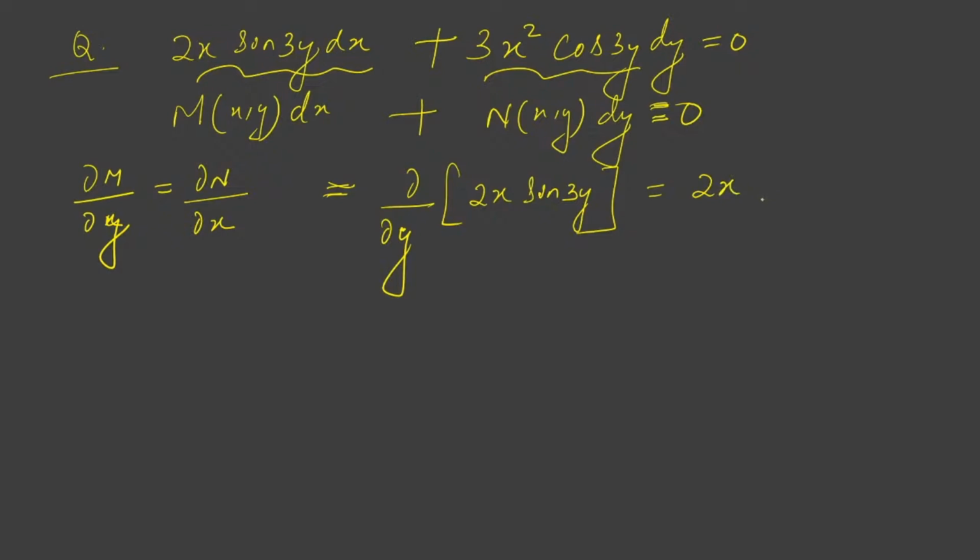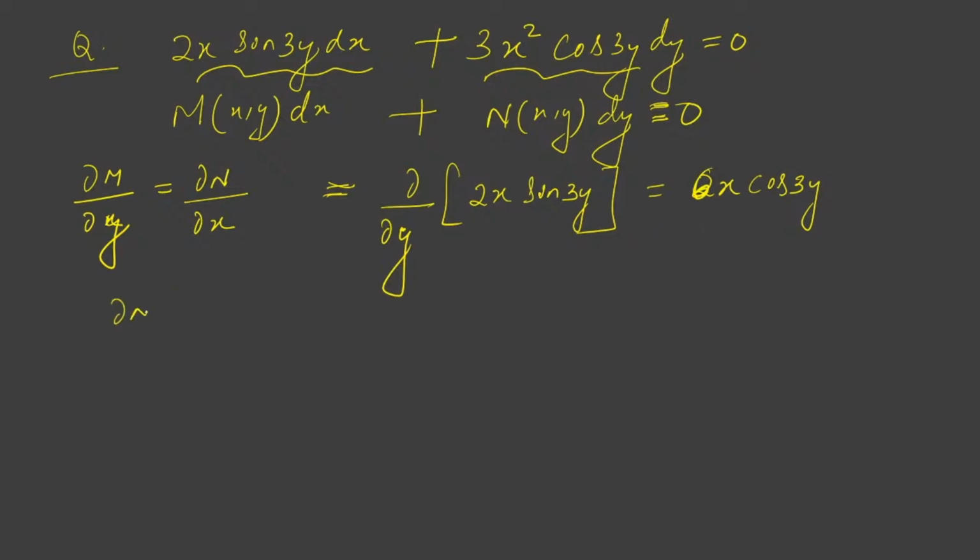So what is the differentiation of sin 3y? It will be cos 3y into the differentiation of 3y, so that will be 6. So this will be your 6x cos 3y, the differentiation, right?